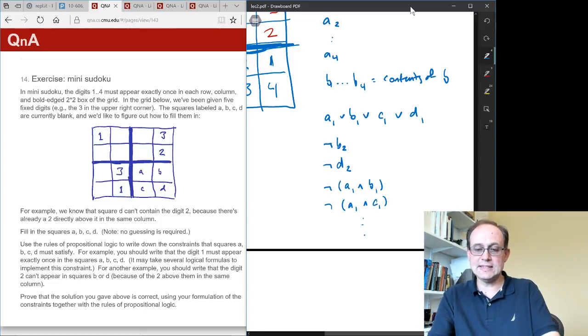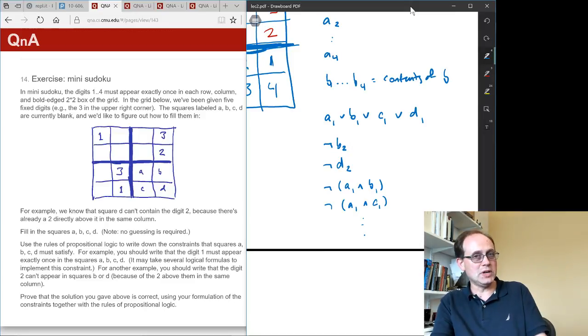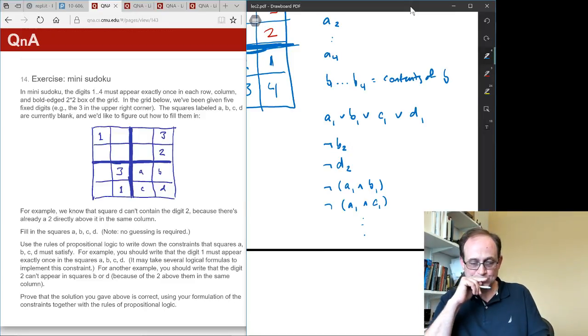That eliminates all of the possibilities of there being a 1 simultaneously in 2 different cells, right? So it takes just one formula of this form to say that there's at least one in the group of 4 cells. And if we want to limit ourselves to simple formulas, it takes 6 more to write that constraint. We could, of course, write it all as one big formula, but then it would be a complicated one.